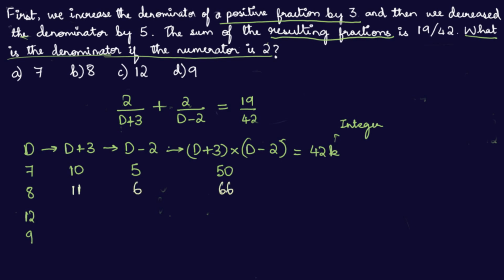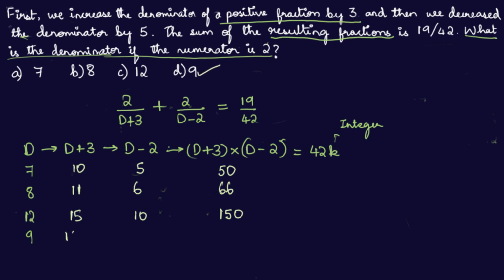The product is 66. Still not our answer, right? Not our answer, not our answer. For 12, d plus 3 is 15, d minus 2 is 10, the product is 150. Not our answer. Which means instinctively 9 should be our answer, but let's check it out.